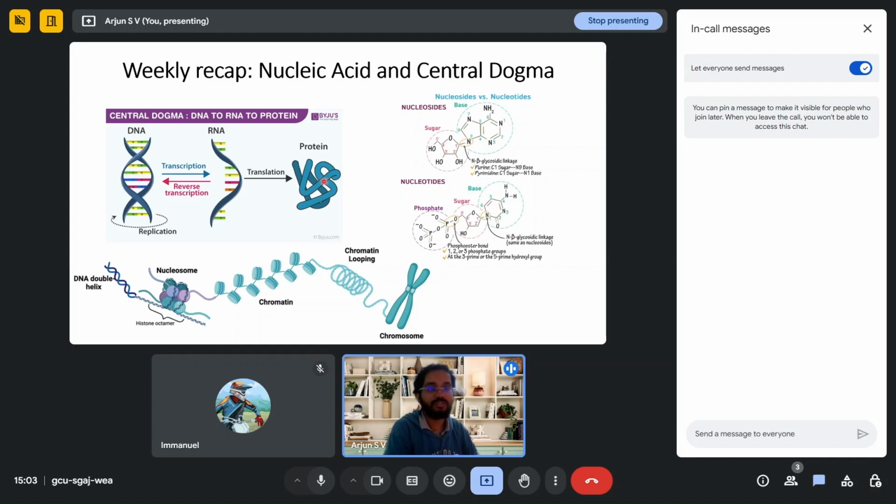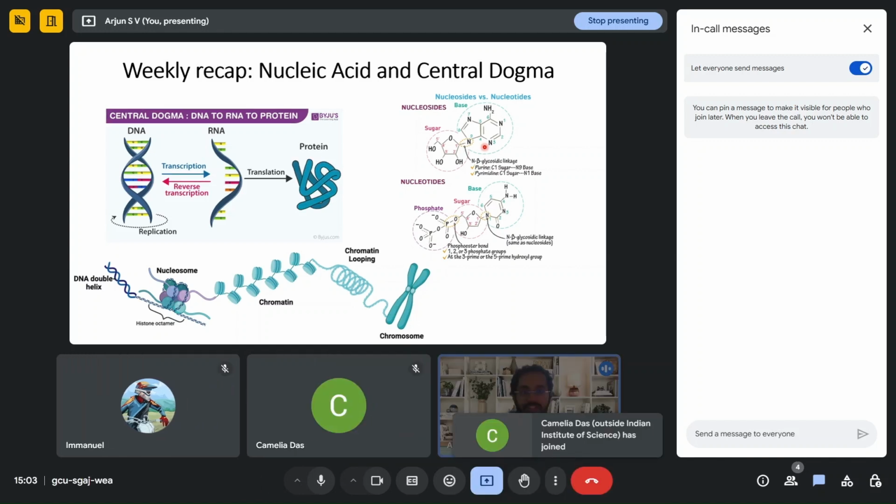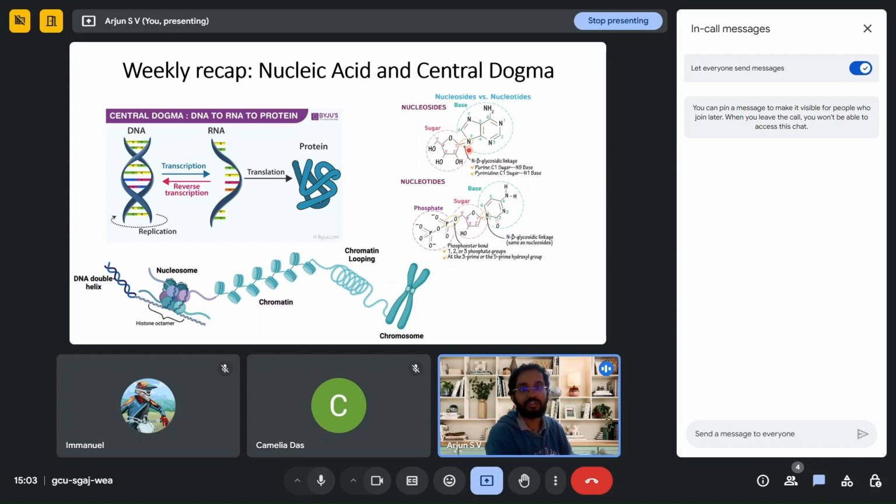And we also saw how deoxyribonucleic acid is formed, and how nucleosides are formed, wherein we have a sugar, and the sugar can be ribose or deoxyribose depending on what kind of nucleic acid we are dealing with, whether it's a DNA or an RNA. If it's a DNA, the sugar will be deoxyribose, whereas if it's an RNA, it will be a ribose sugar.